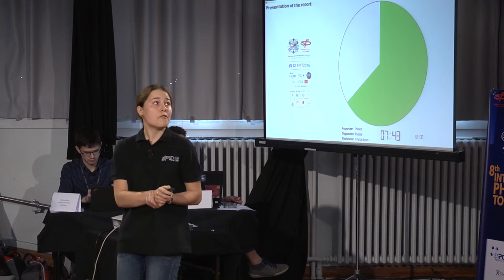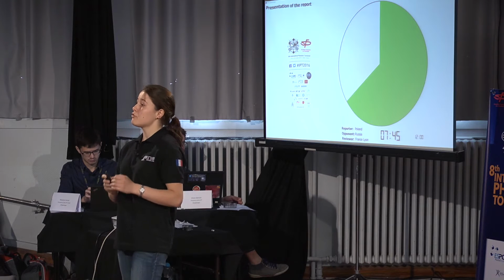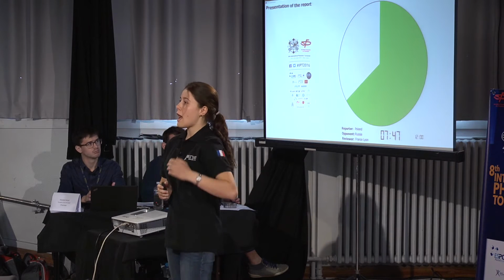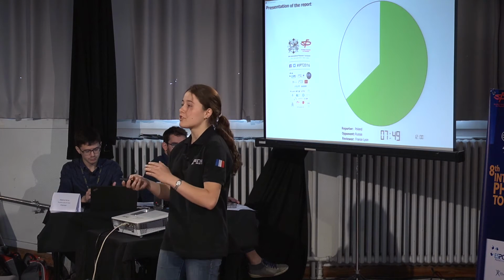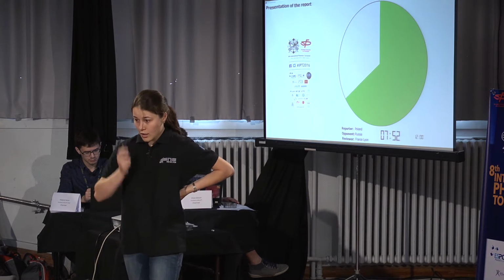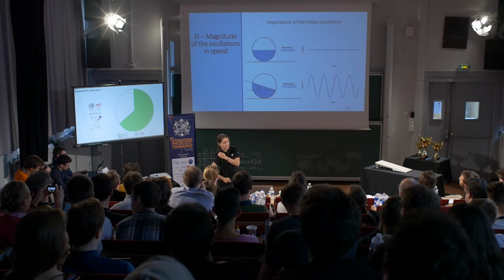But the question of the problem was not about the angular frequency of the oscillations, but about the magnitude of the oscillations. How does it depend and on which parameters? So first, I want to insist really on the importance of the initial conditions to obtain the oscillations inside the bottle.